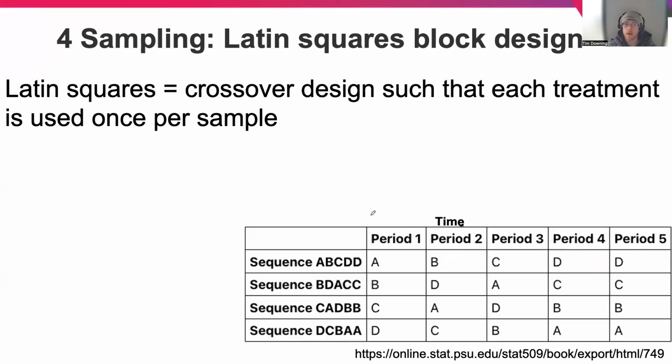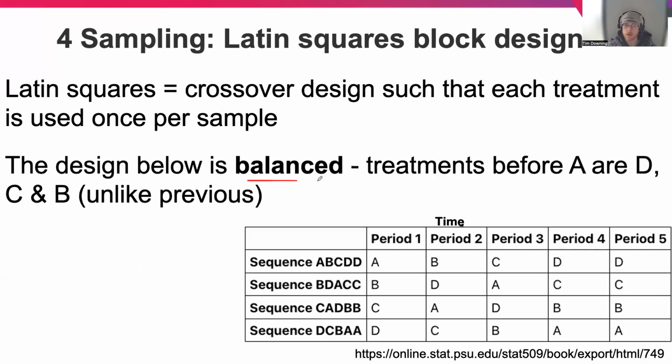What is good about the Latin squares block design is that we can change the treatment periods to make sure that the design is balanced. So here we have A crossing over into B, A crossing over into C, A crossing over into D, and then A into A. So you see there's an extra time period here to control for the effect of D moving on to B. So that means that we have all the different effects of A affecting not only itself, but B, C, and D as well.